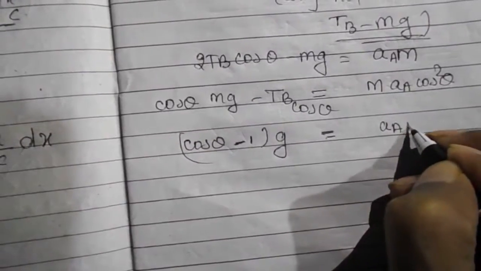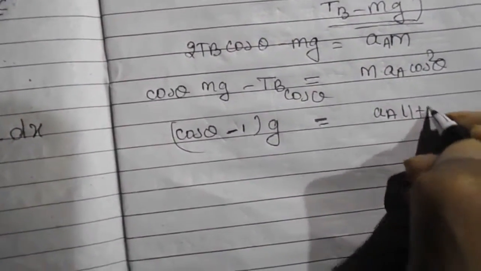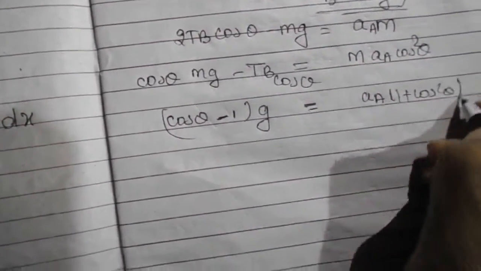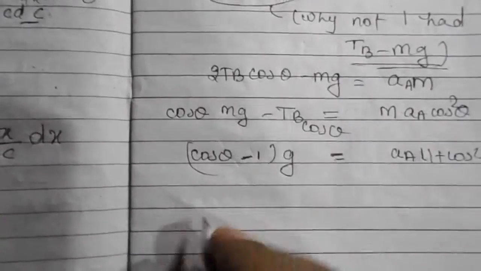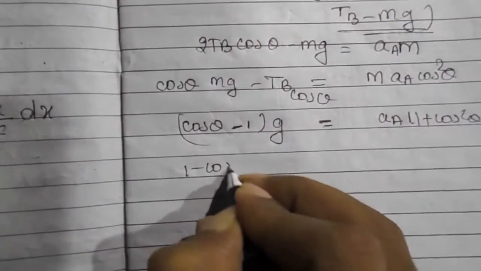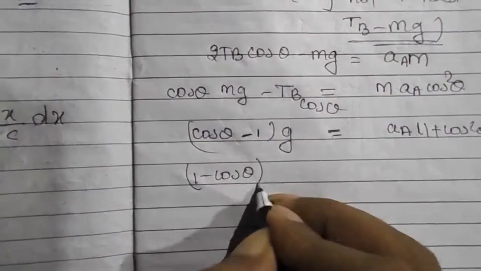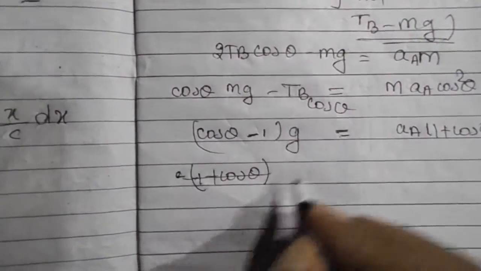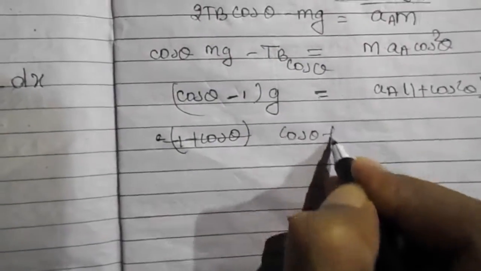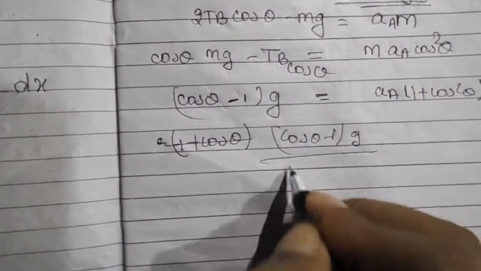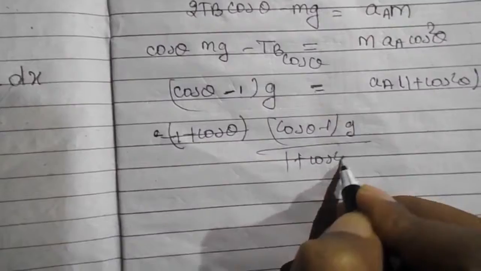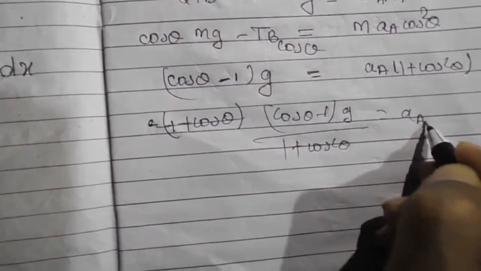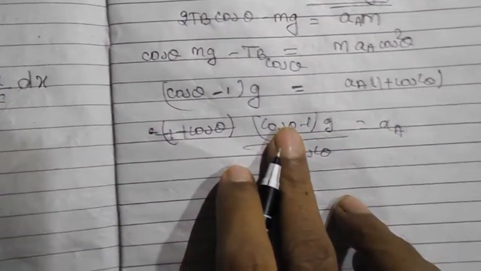acceleration of A times 1 plus cos square theta. Okay guys, so cos theta minus 1 times g divided by 1 plus cos square theta is equal to acceleration of A. Guys, this quantity will be negative.